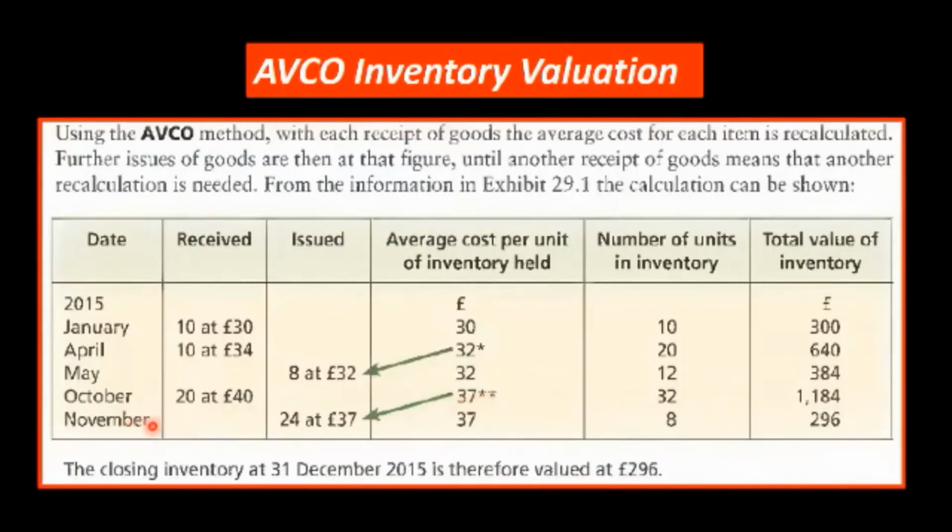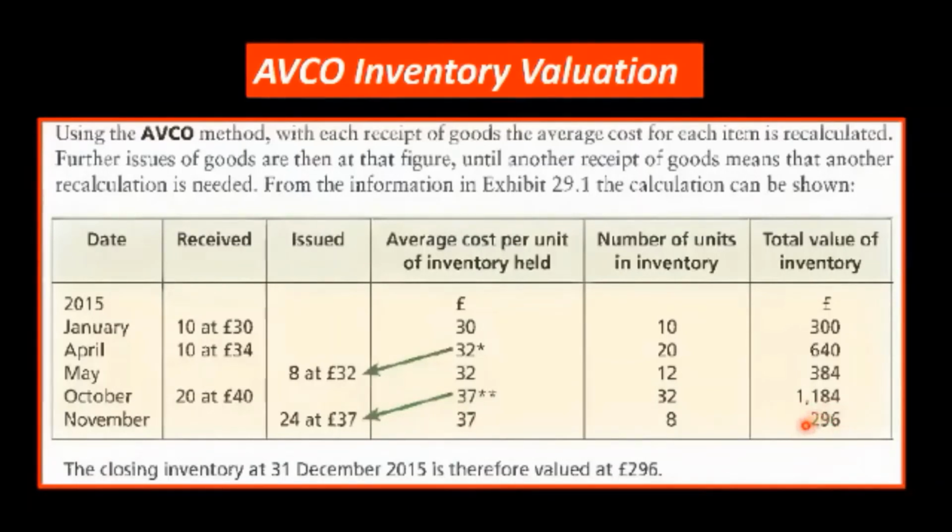In November, when we issue the 24 at 37, it would be at this 37 here. That is the last time we compute the average cost. And we will have 32 minus 24, 8 in stock, 8 by average cost of 37 gives you 296.